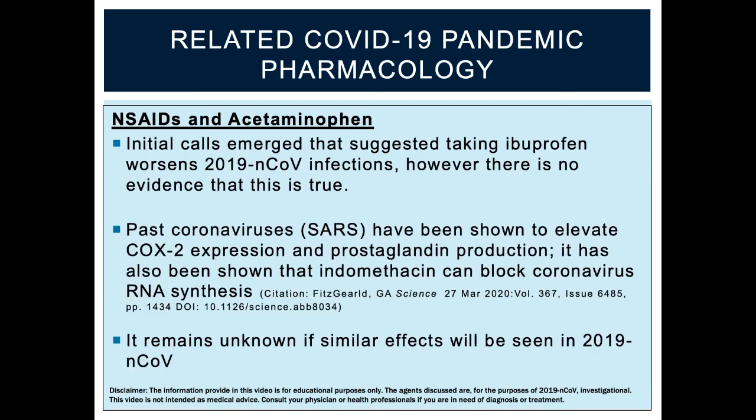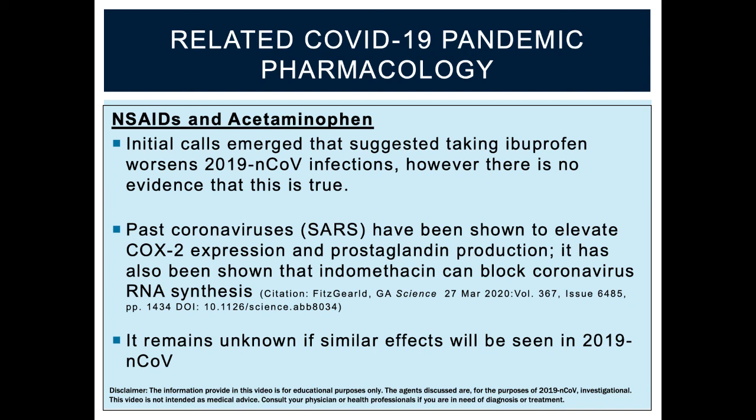Lastly, there's been some controversial claims made in the media surrounding the use of ibuprofen in patients with 2019 nCoV infections. Initial calls emerged that taking ibuprofen worsens the 2019 nCoV infection. Many suggested that acetaminophen should be used instead. However, there's no evidence that ibuprofen or NSAIDs alter the course of infection, nor the patient's response to 2019 nCoV infection.